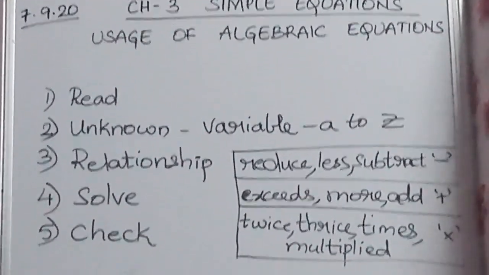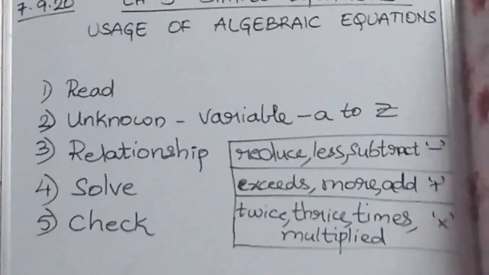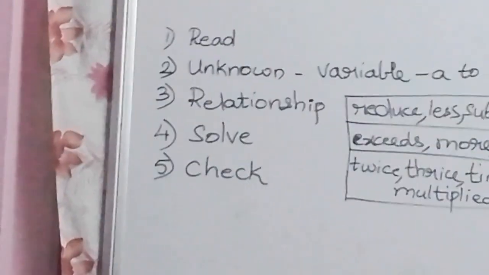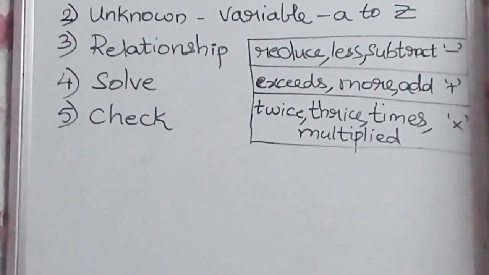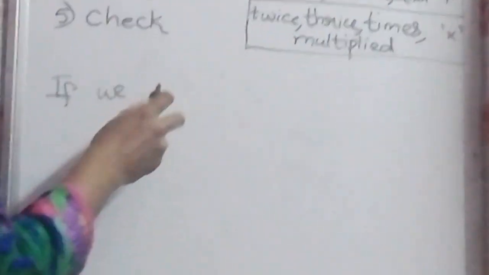Now let me write an example. From the example you will understand it in a better way. This is an example problem, there is no need for you to copy this.